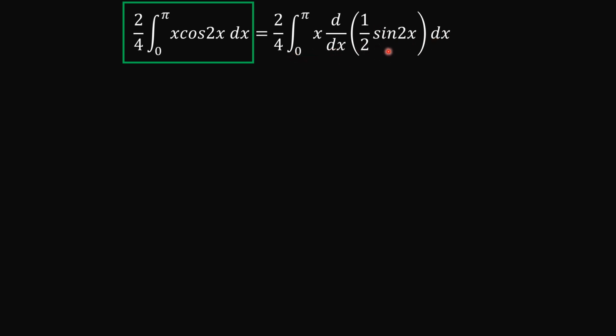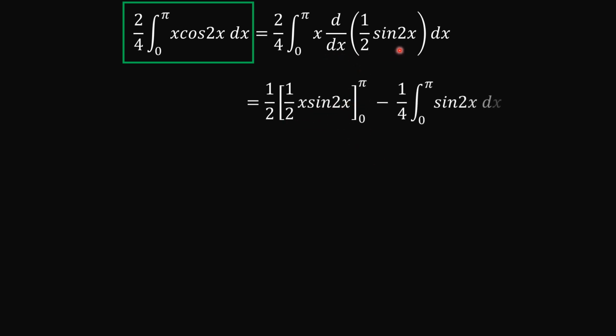So we can express it this way, so that the first part we can now say is the product of the non-differentiated terms, which is x times a half of sine 2x, from 0 to pi, minus a quarter of now dx of x, and so that becomes 1 times now half of sine 2x, keeping this half also there, so we have minus a quarter of the sine 2x integral.